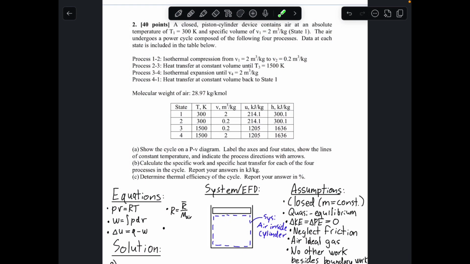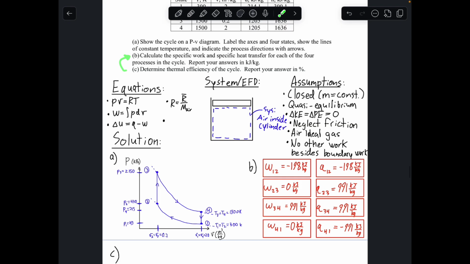Now we can move on to the final part of this problem, which is part C, and that asks us to determine the thermal efficiency of the cycle and report our answer in percentage. So part B that we just did was pretty long. We found all of these values for work and heat transfer for each of the processes in the cycle.